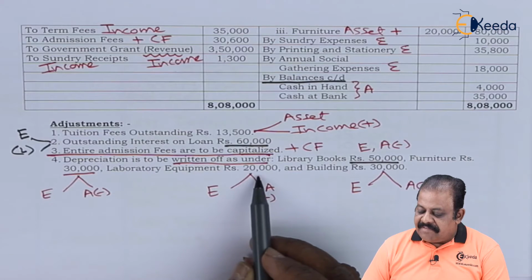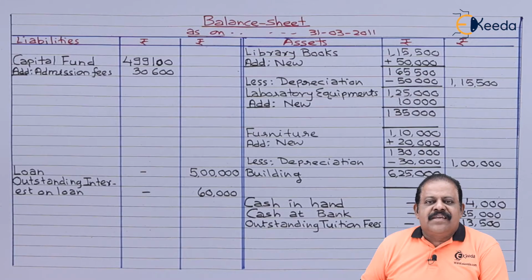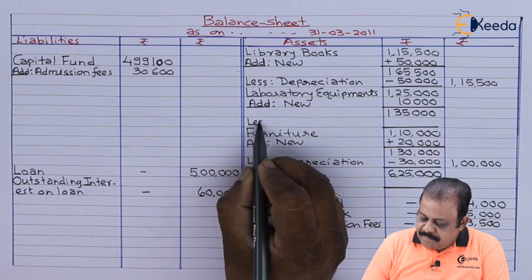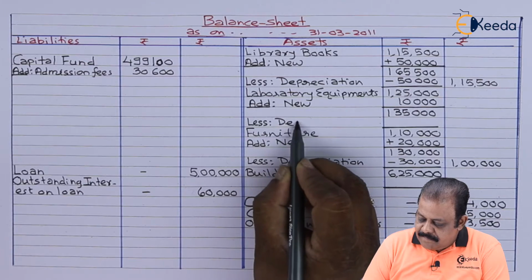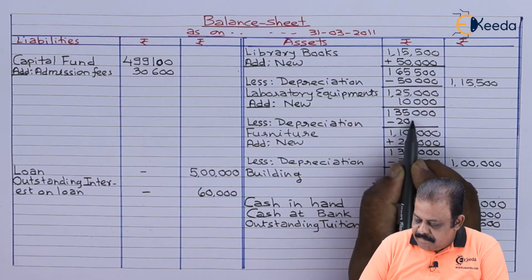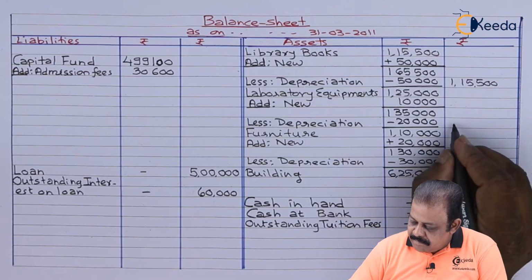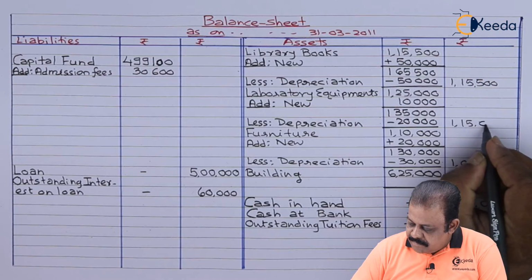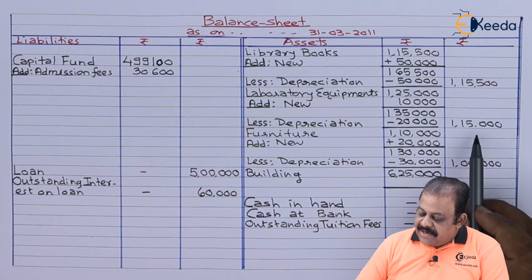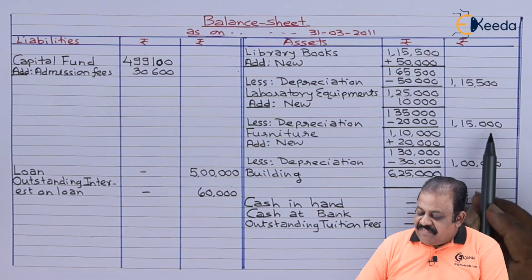Depreciation on laboratory equipments 20,000. On asset side, this will be deducted from laboratory equipments. After deducting depreciation 20,000, laboratory equipments are now 1,15,000.